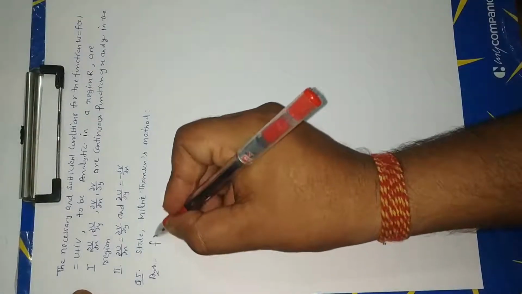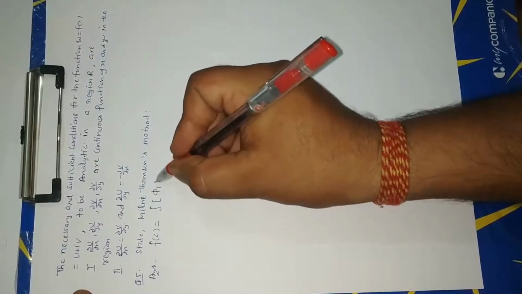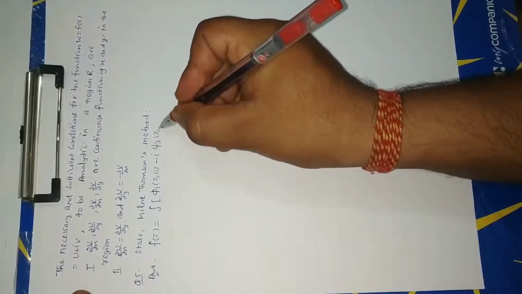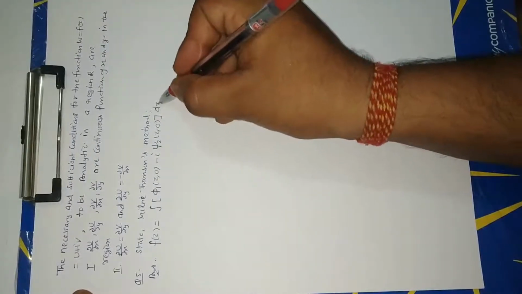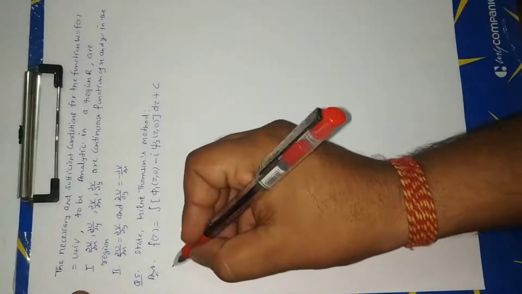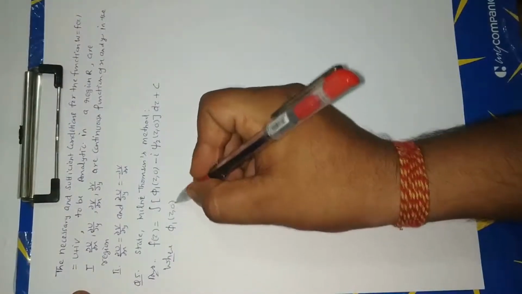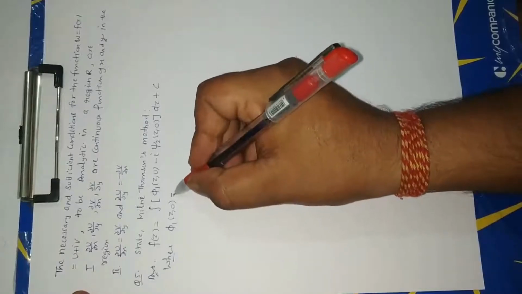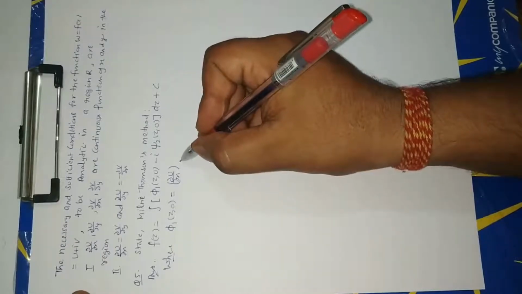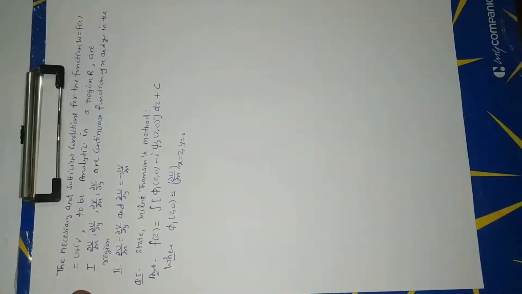By Milne-Thomson, f(z) = ∫[φ1(z,0) - iψ2(z,0)]dz + C, where C is an arbitrary constant. The value of φ1(z,0) can be written from ∂u/∂x on putting x = z, y = 0.